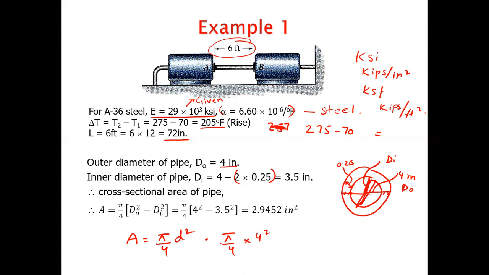But in our case the pipe is hollow from inside, so we have to subtract the internal area from the outer area. So pi by 4 into (4 square minus 3.5 square) is the cross-sectional area of the pipe, in inch square.